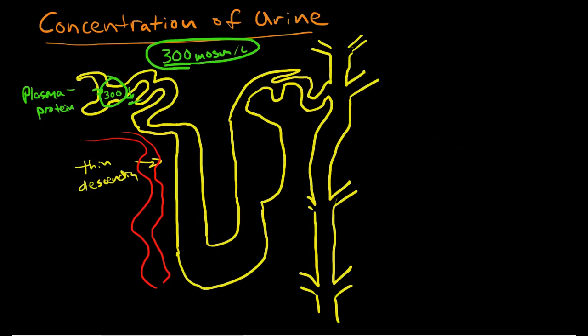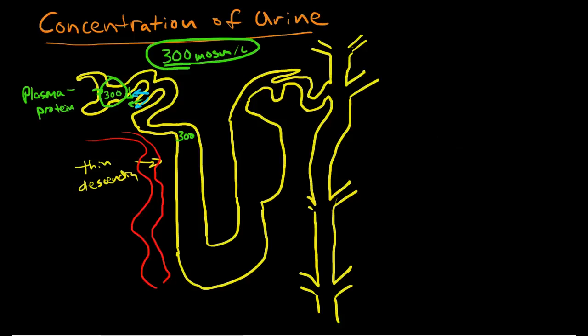Primarily, sodium is being reabsorbed, and then other molecules are following. But as sodium's being reabsorbed, water is following along with it. So by the time we get to the top of the loop of Henle here, we still have an osmolarity of 300 microosms per liter.